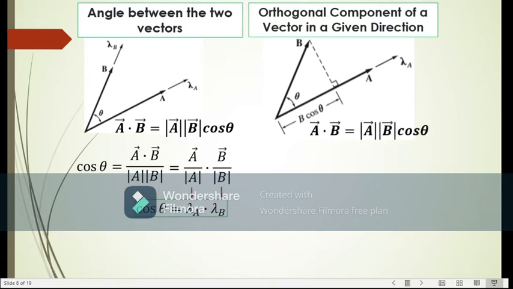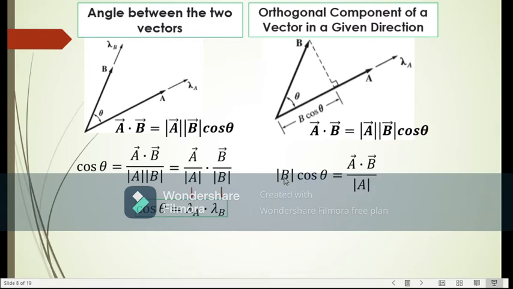And for our orthogonal component of a vector in a given direction, again, using our general definition for the dot product, which is magnitude of A times the magnitude of B times cosine theta, we can derive the equation here for our orthogonal component.